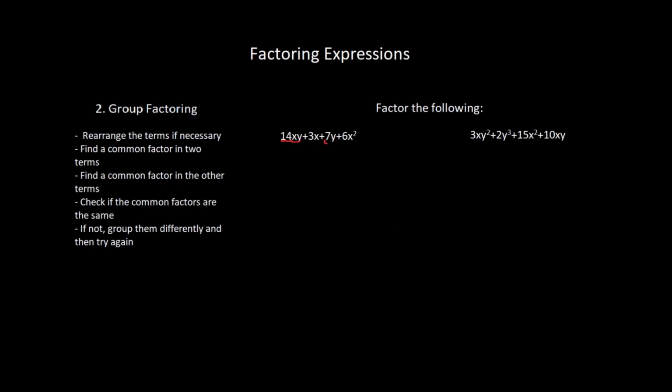The first term and the third term seem to have common factors in this case, and the second and last also seem to have common factors. You might want to rearrange this so that the 2 that have the common factors are right beside each other. From the first 2 terms, we have a common factor of 7y, so we factor that out, making it 7y times 2x plus 1.